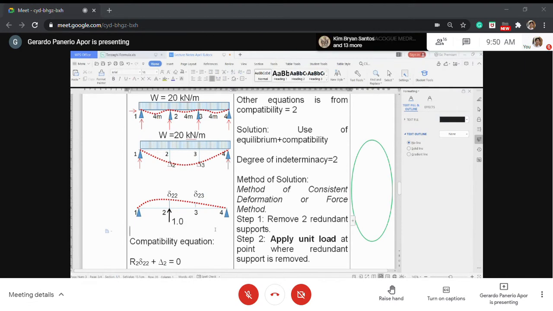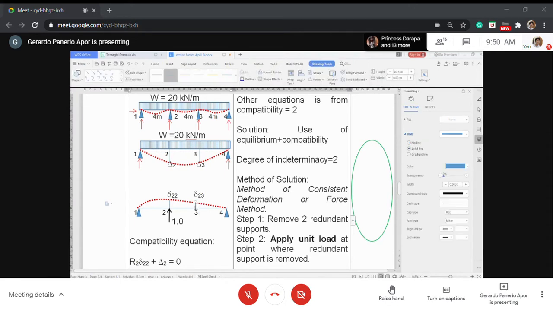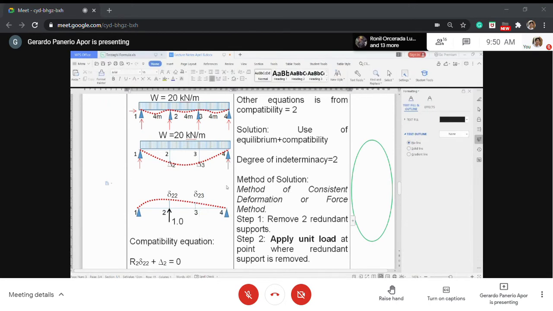Okay. So there are proofs for that. So, you don't have to be worried whether this is 3 2 or 2 3. As long as you are consistent. So, that's how it is, no? Now, I have mentioned earlier, there are two supports you remove, and that you are going to apply unit load one by one.